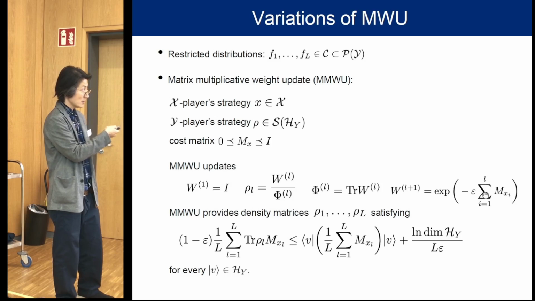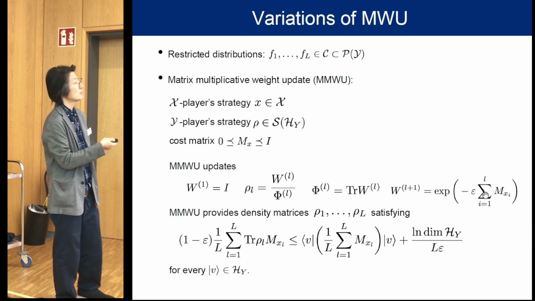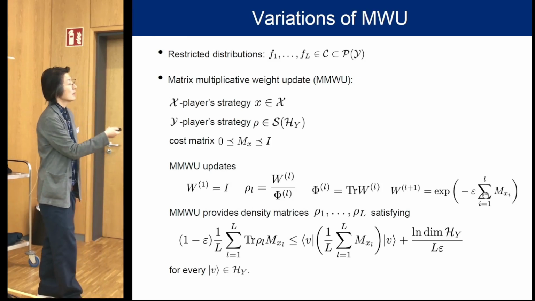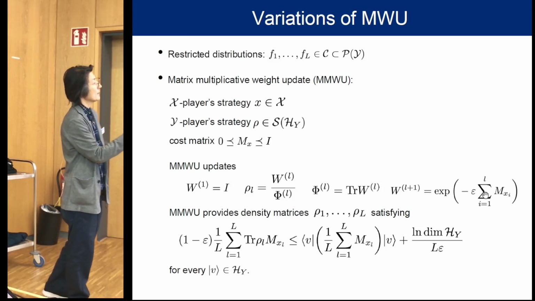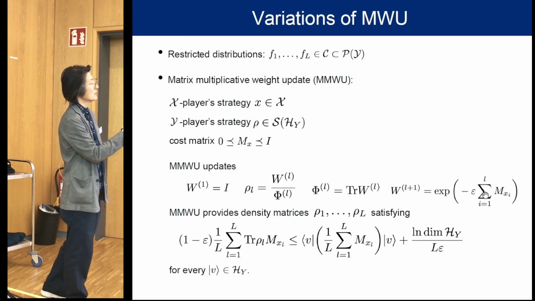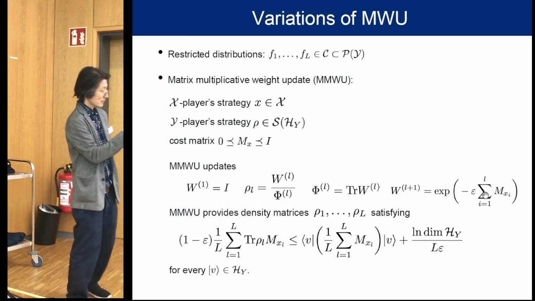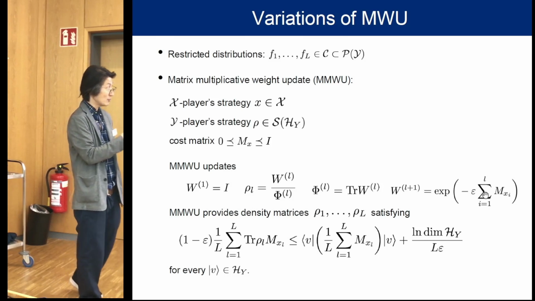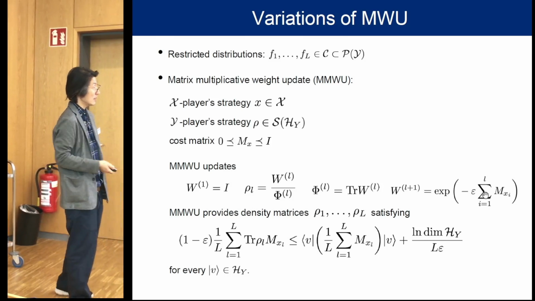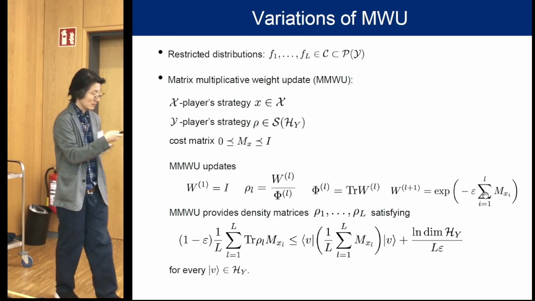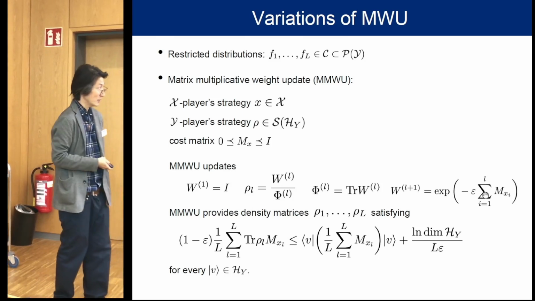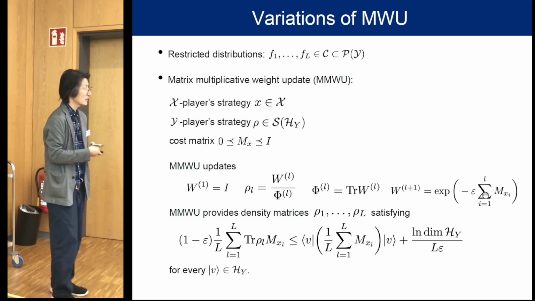The average cost is bounded by the cost of the Y player's best strategy in hindsight plus some error term. And here, this V can be any pure state. The flow of the proof is quite similar to the MWU, but we use, for instance, the Golden-Thompson inequality, etc.